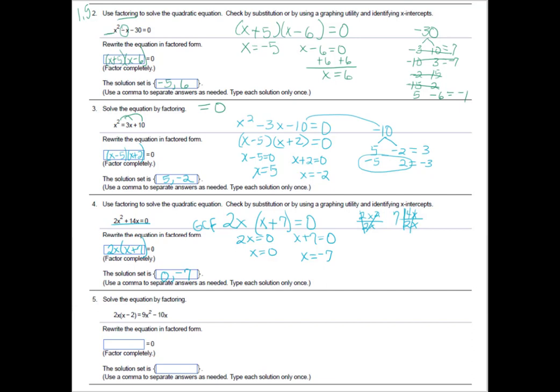So now I have number 5, and I need to set it equal to 0. That is the first thing that has to happen on every quadratic. Okay, before I can even do that, I need to distribute. So I'm going to get 4x squared minus 4x. I'm going to move. Doesn't matter if you move it left or right, whichever way.